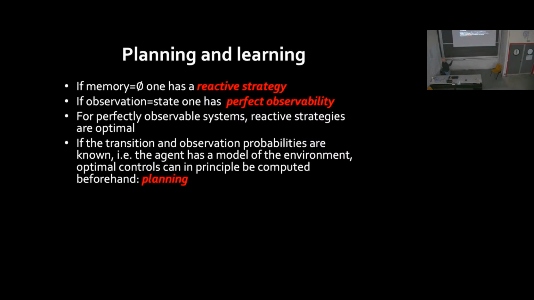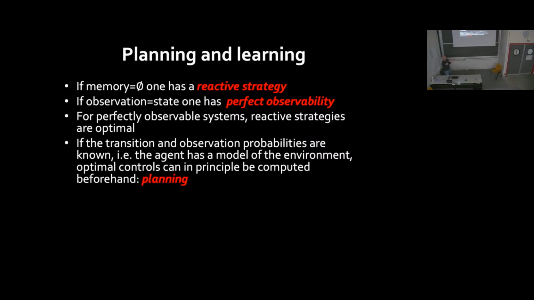As it's said here, if you know something about the dynamics of the system, if you know how the system transitions to another state, or how your observations come in a certain state, then you can plan.